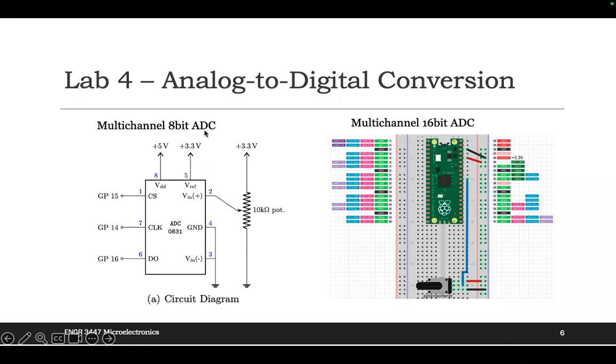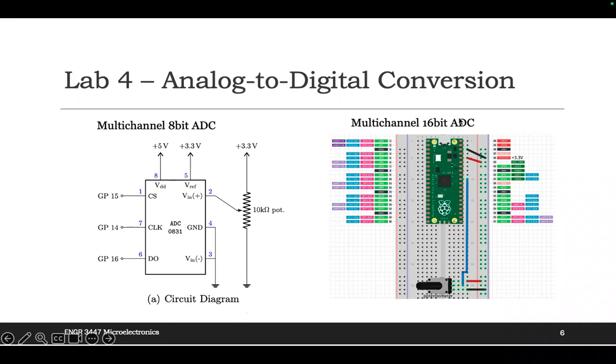Am I right, 0 to 255, which means it will divide 3.3 volts into 256 units. And you just try to read the Pico W value and then calculate the voltage based on that. That makes sense to you?